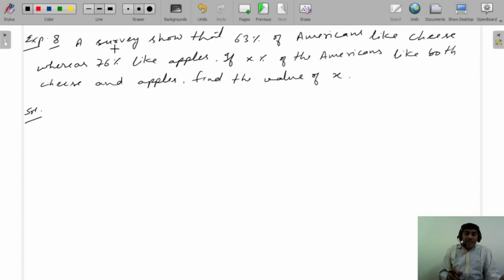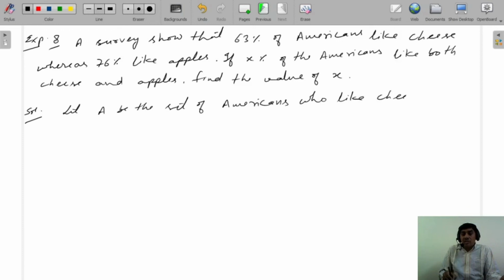Our target is to find the value of X. Let capital A be the set of Americans who like cheese, B be the set of Americans who like apples.